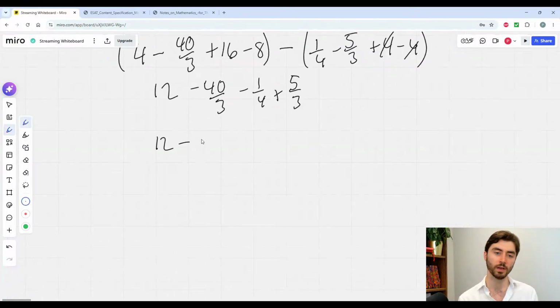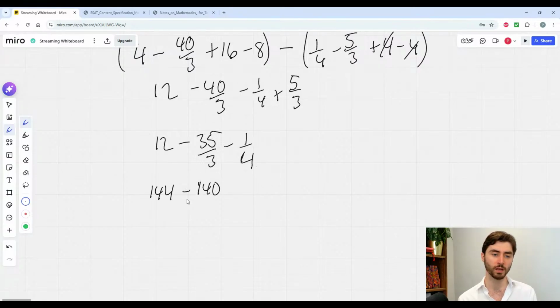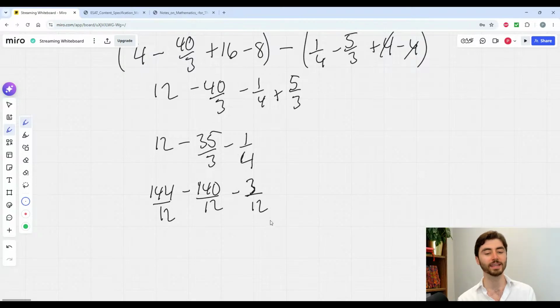So 12 minus 35 over 3 minus a quarter. Now this is all going to be over 12. So 144 minus 140 over 12, minus 3 over 12. That's insane. So that's like 1 over 12 is the exact area. Like that nearly completely canceled out.